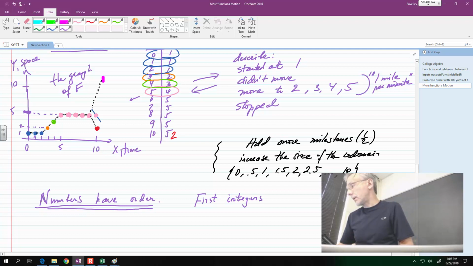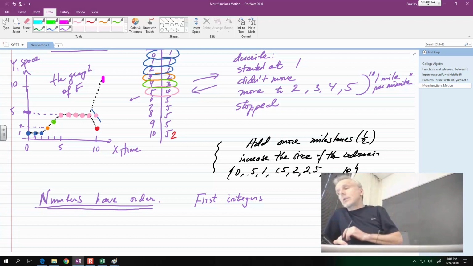So they run from negative infinity to infinity, but we don't have to face the infinity just yet. As you can see, you can study motion, and you don't really have to assume that time goes to infinity in both directions, and the space goes to infinity in both directions.